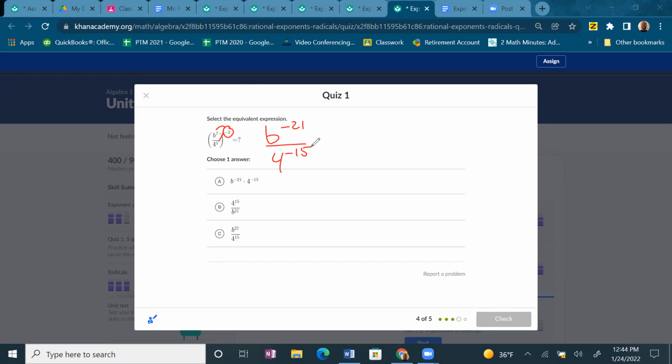And then, like I said, we could rewrite it as 4 to the +15th over b to the +21st, the old switcheroo. Or we could even just switch one of them, 4 to the negative 15th, b to the positive 21st. Or we could even keep the b to the negative 21st and write 4 to the positive 15th on the top. So what do we have? Do you have any of those? 4 to the 15th, b to the positive. That's the one.